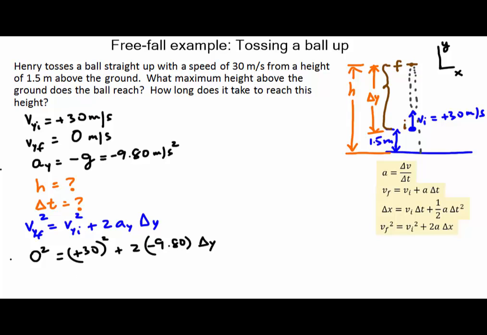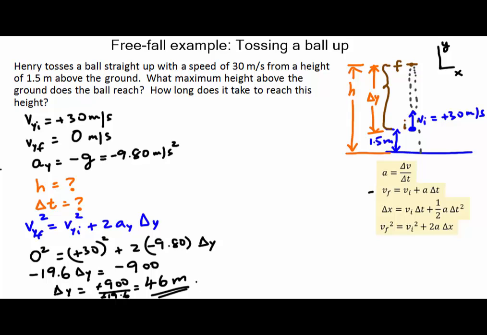Now I can do some simple algebra and move these terms around to get minus 19.6 times delta y equals minus 900. And so delta y becomes minus 900 divided by minus 19.6. The minuses cancel, and your calculator will give you an answer of 46 meters down to the 2 significant digits that we are interested in.